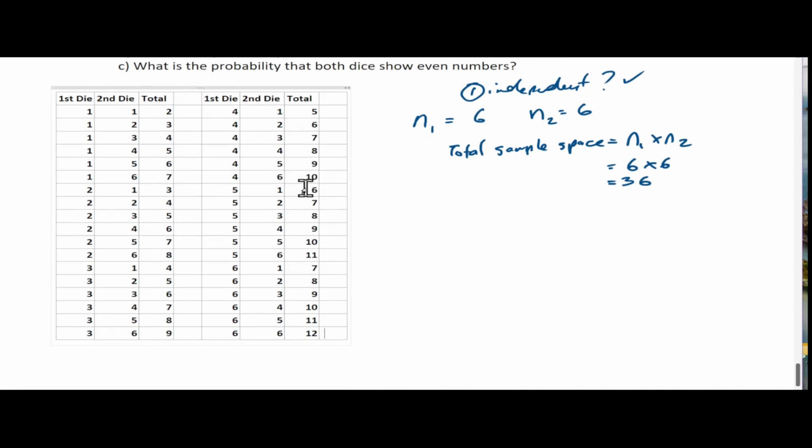This column here is the first dice. First die or first dice, I don't know. Don't leave a comment. The second dice is here, and the total of both of them is there. So that's our set of ordered pairs, and if you count them, there's 36 different combinations.